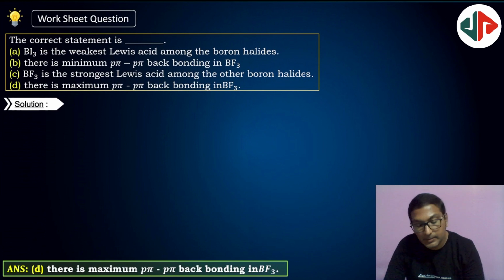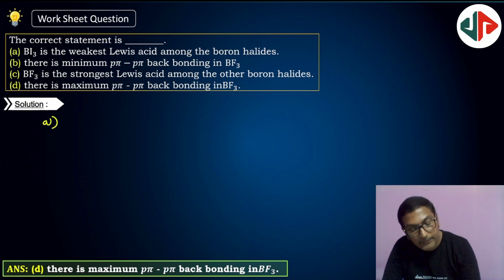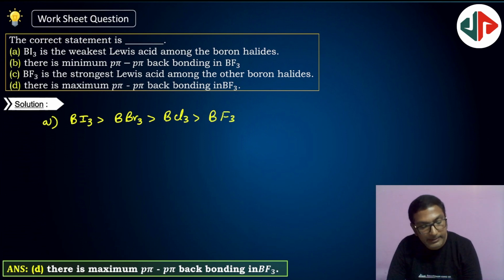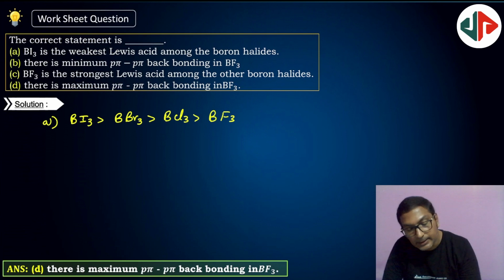Next. The correct statement is: BI3 is the weakest Lewis acid. We know the Lewis acidic nature: BI3, BBr3, BCl3, BF3. So A is incorrect.